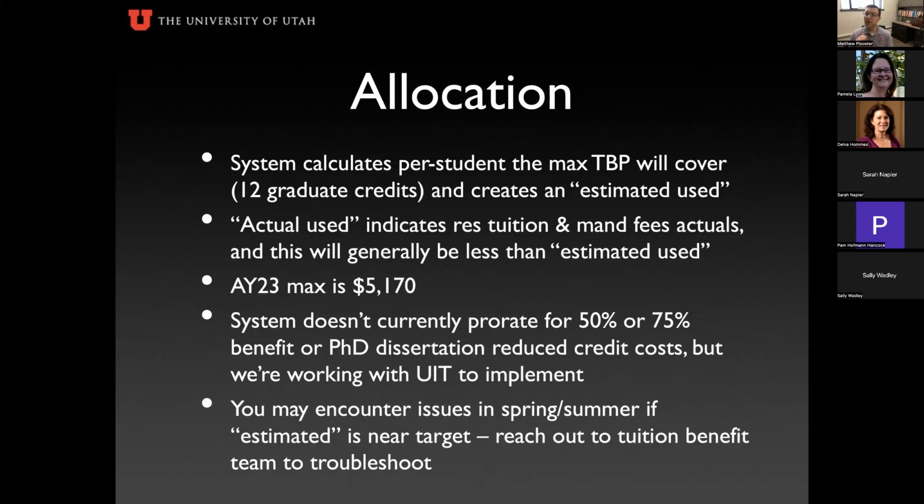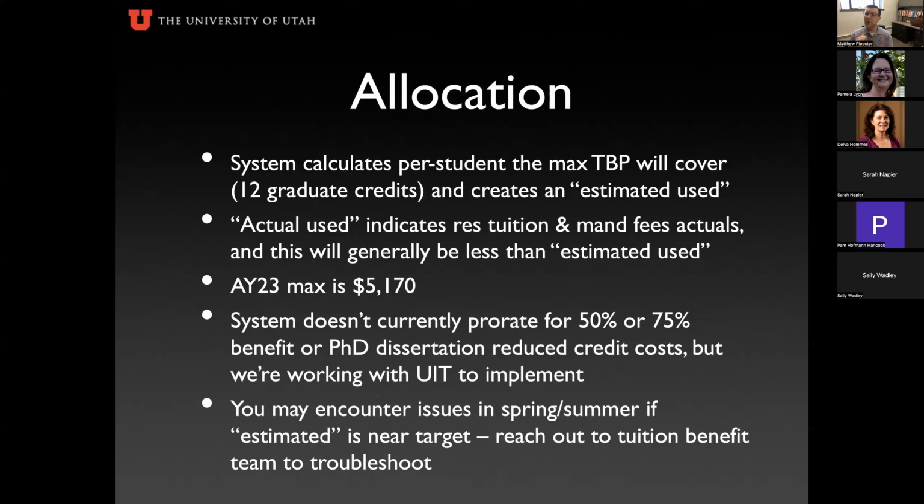The system doesn't currently prorate for 50% and 75% benefit or for the discounted PhD dissertation credits, taking that into account with these caps. We are working with UIT to come up with some solutions on this. Thank you to everyone who's provided your feedback on the allocation regarding that. We are working on this.